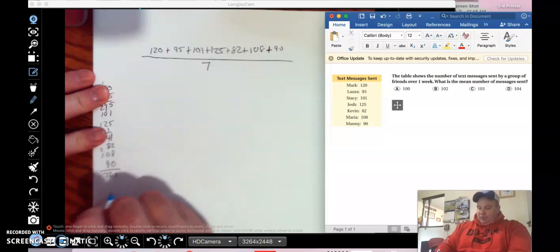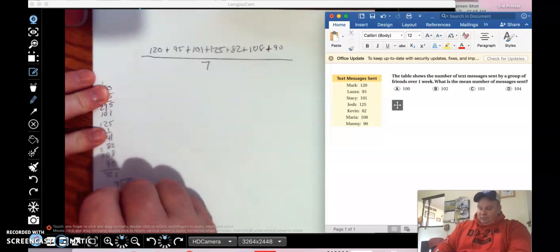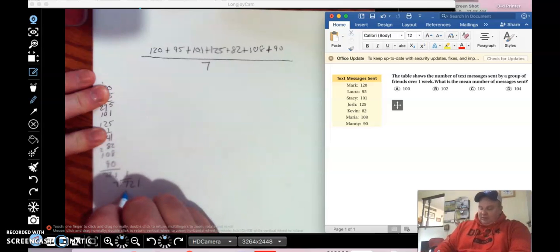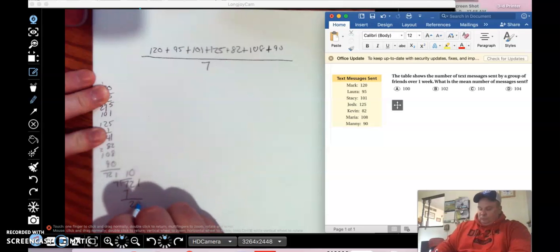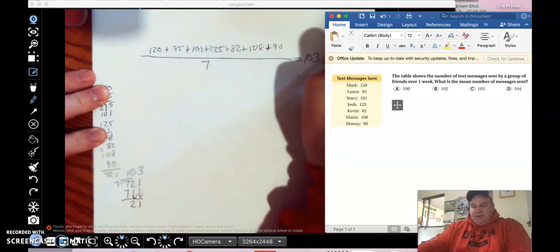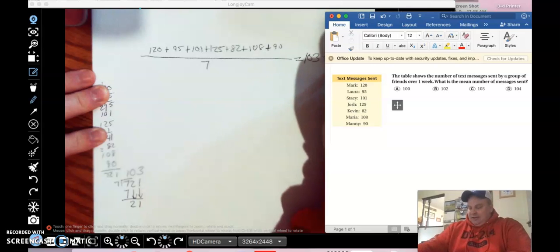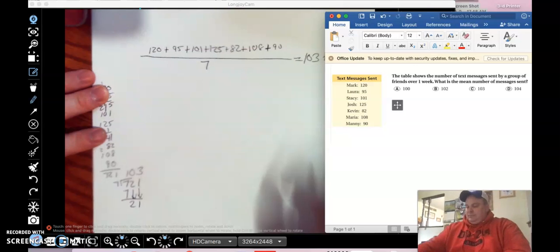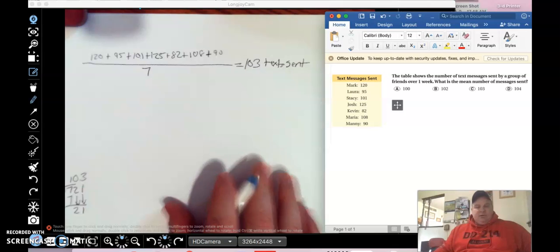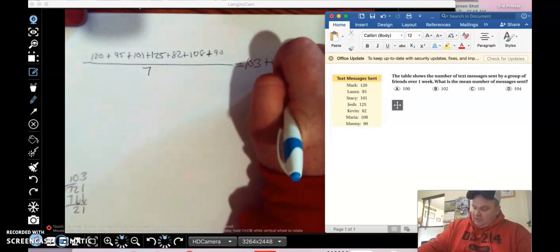So we can do this really quick. 721 divided by 7 is 103 text messages sent. Oh, sorry. 103 text messages sent.